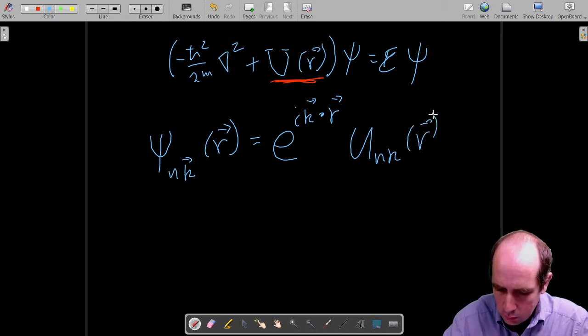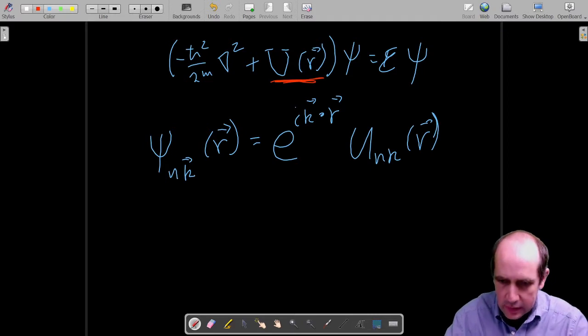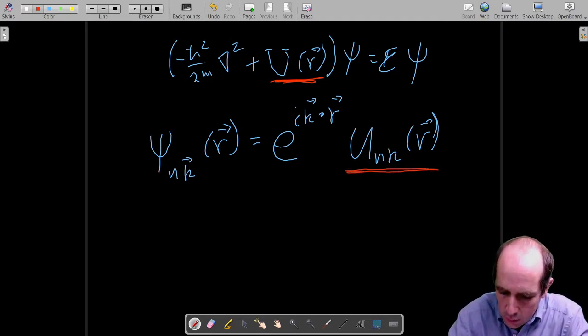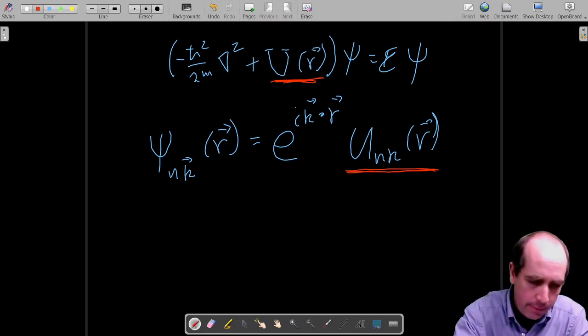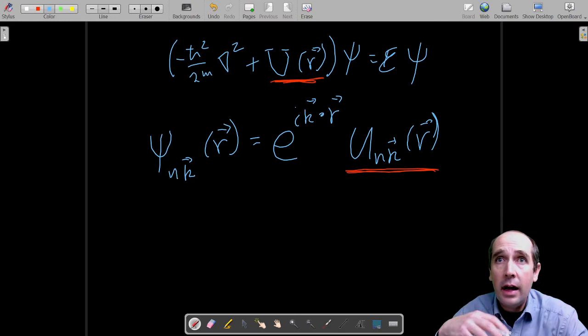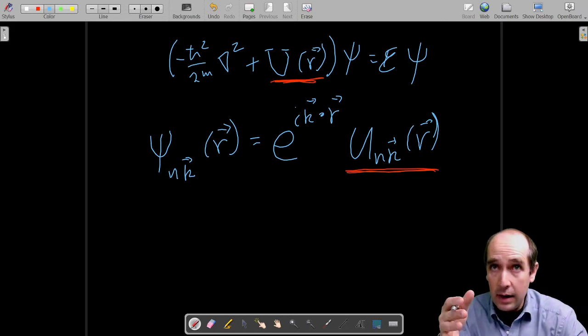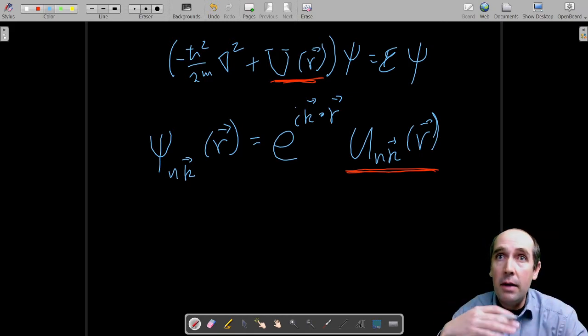Okay, and what we said is from the demonstration of the Bloch theorem, this u sub nk function has to be a function that shows the same periodicity that the potential shows. So it doesn't have to have the same shape, so the exact same values, but it has to have the same periodicity.